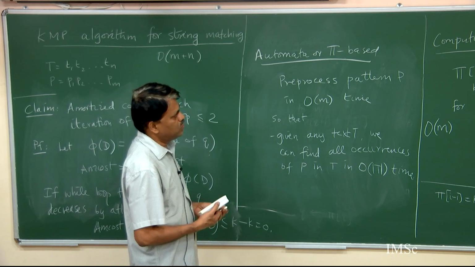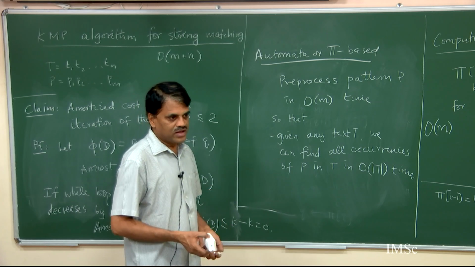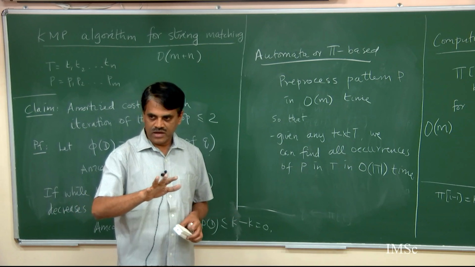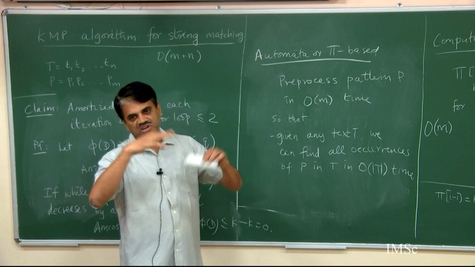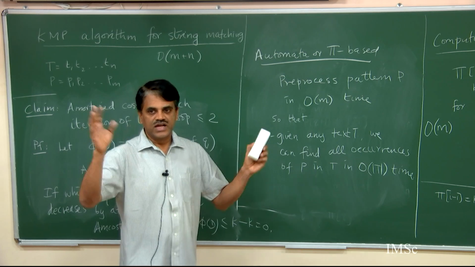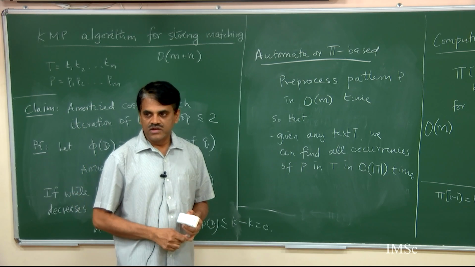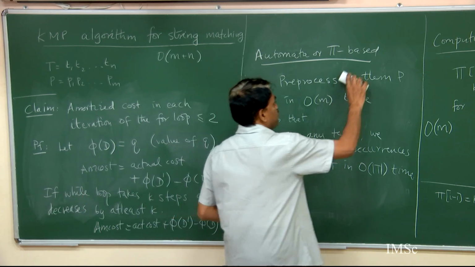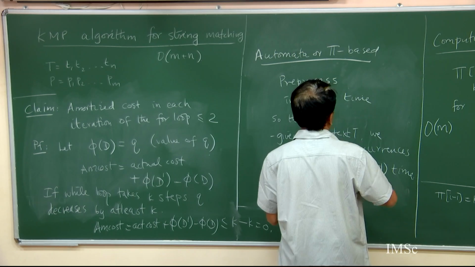But in practice, you would actually have the other way, that I give you a text in advance. There is this huge file I am editing, or maybe a dictionary, or imagine Google applications where the text is a collection of all website addresses or strings and so on. So you are given the text to pre-process.